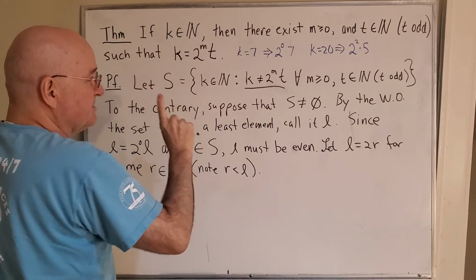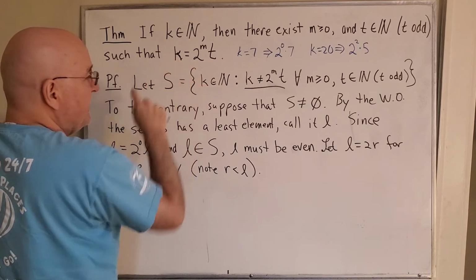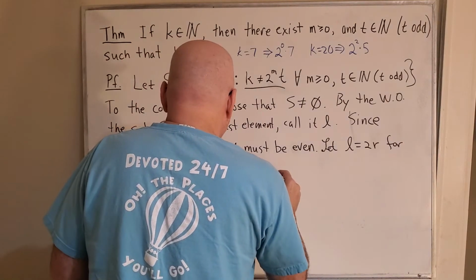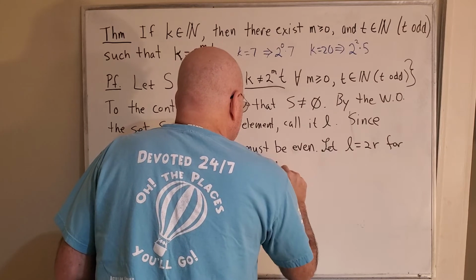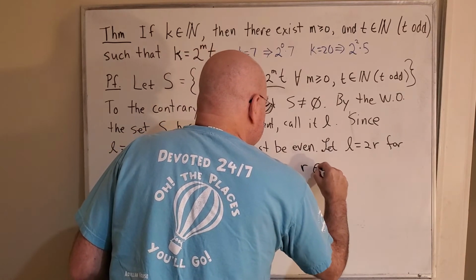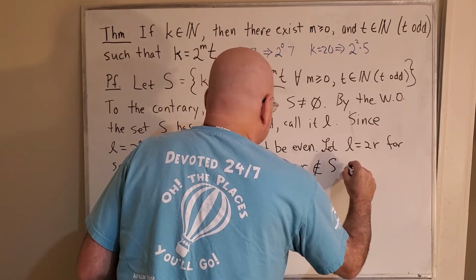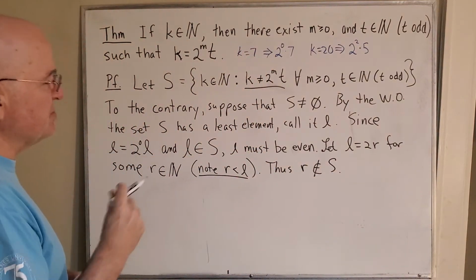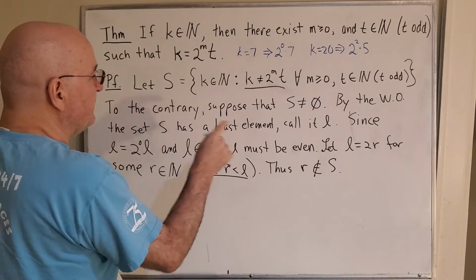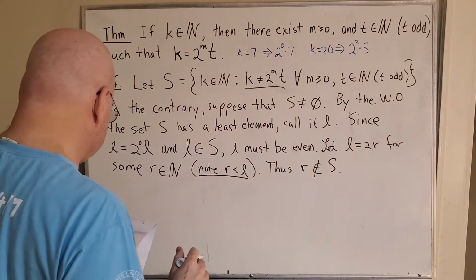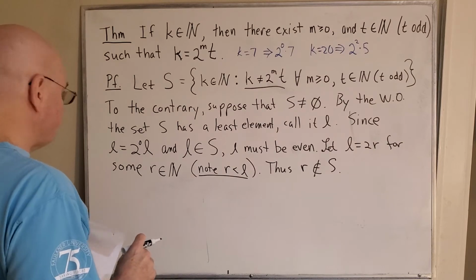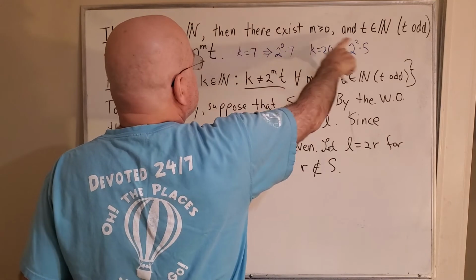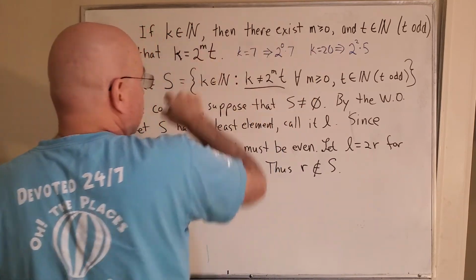So R would satisfy this if I replaced k with an R. Thus, R is not an element of S. There's no positive integer smaller than L that's in this set, because L is the smallest.